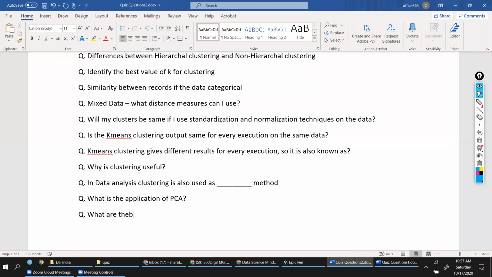What are the benefits of PCA? What are the benefits of PCA? Very good. Benefits of PCA are reducing the complexity of your computation.